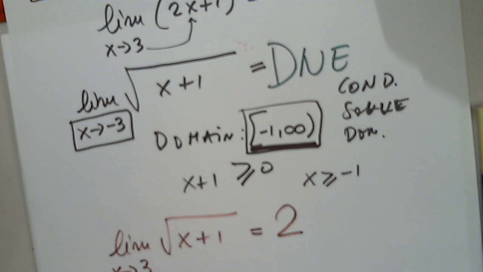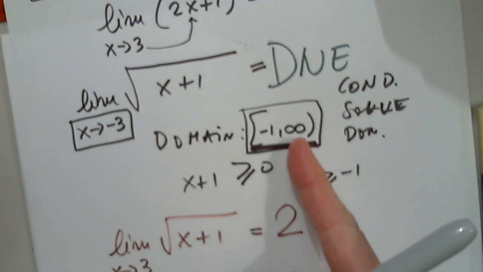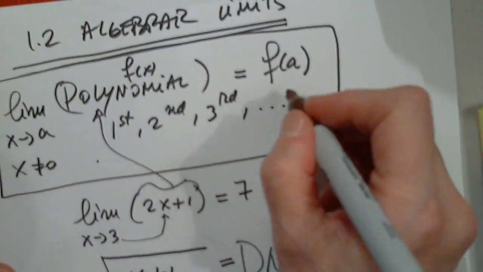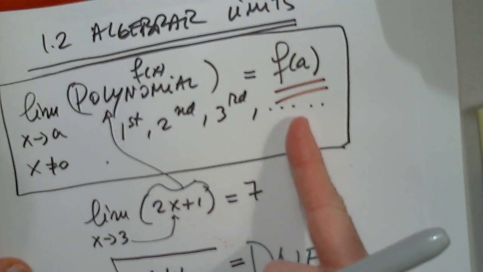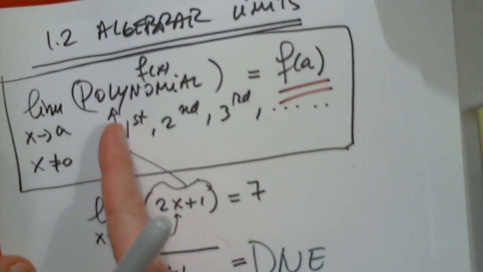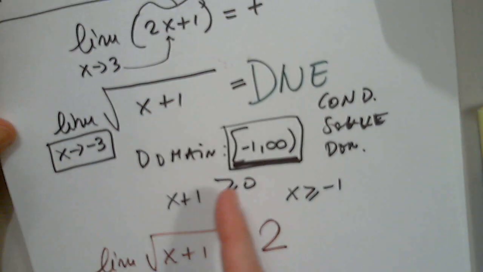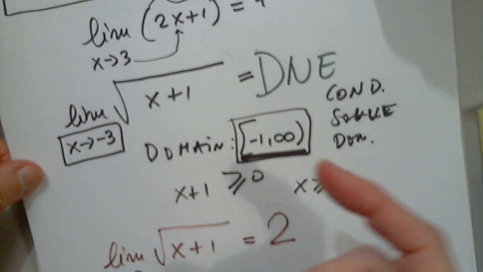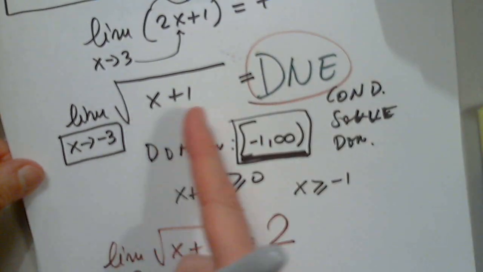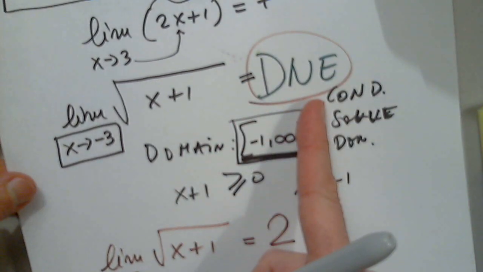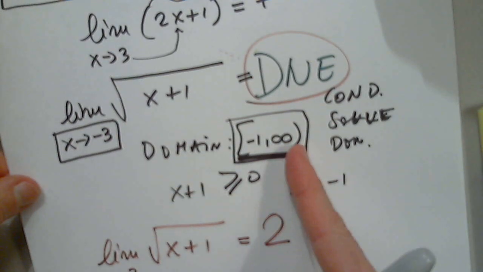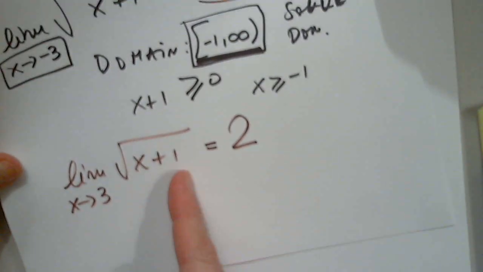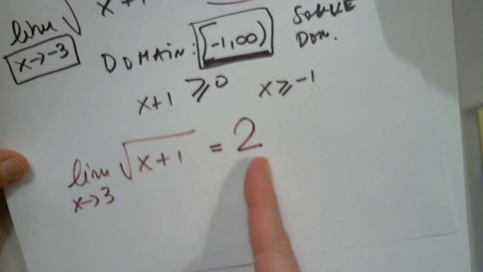Exactly. 3 is in the domain. If it is in the domain, I'm using the same procedure as if it were a polynomial. If it's not in the domain, for a radical function, I know what I have to write. But since 3 is in the domain, all I have to do is plug it in. 3 plus 1 is 4. The square root of 4 is 2.